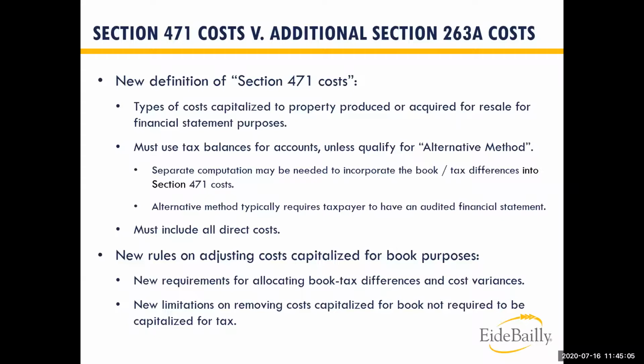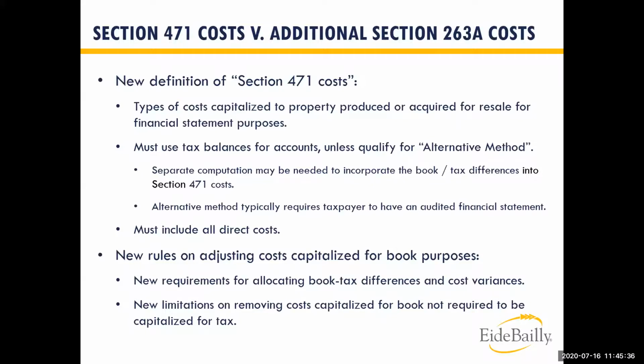For example, ironically, one of the alternative methods here that is intended to simplify the computations for UNICAP requires a taxpayer to have an audited financial statement. Some companies that may not be as equipped to perform complex computations often don't have audited financial statements, and they might not be able to avail themselves of some of these simplifying rules.